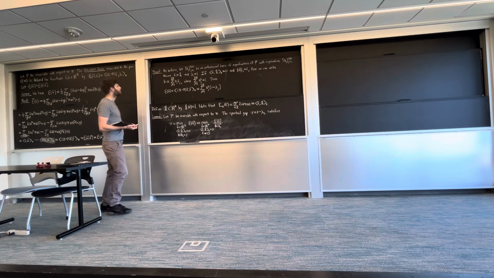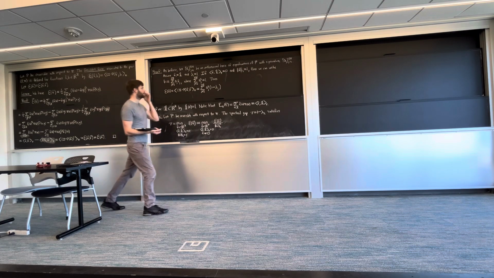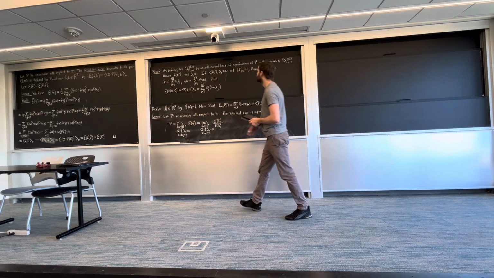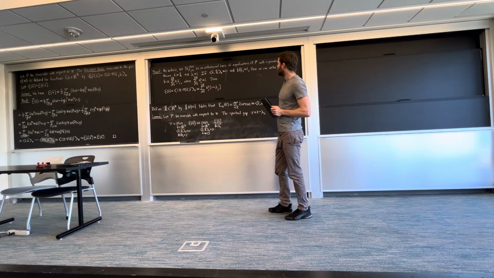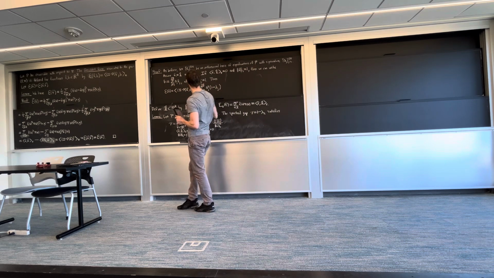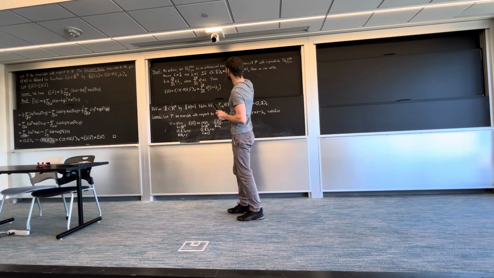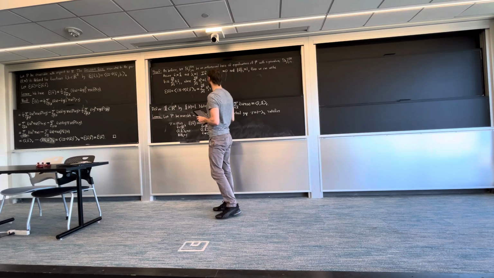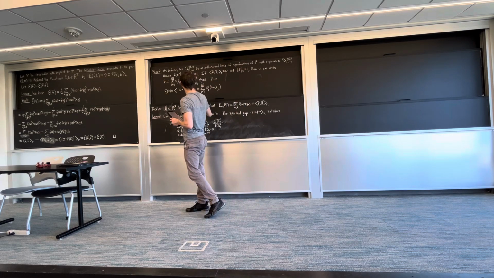Is this clear, or am I just missing something? So the f_j's are eigenfunctions with eigenvalues lambda_j.